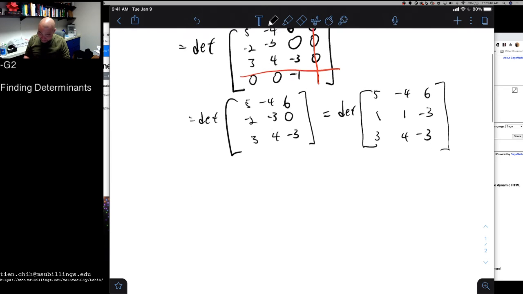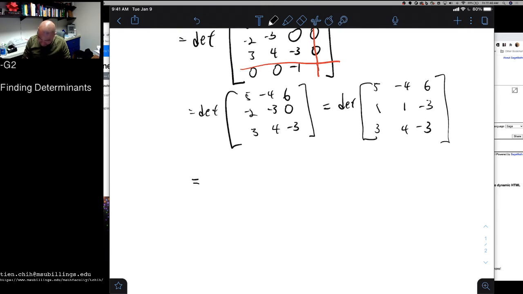So far so good. And then what I want now is to kill that and kill that. And I can do that by taking 4 times the second row, adding to the top row, minus 4 times the second row, adding to the bottom row. So why don't we go ahead and do all of those in one step. And again, remember that no step we've taken so far changes the determinant.